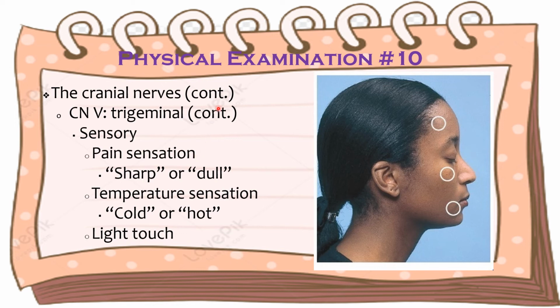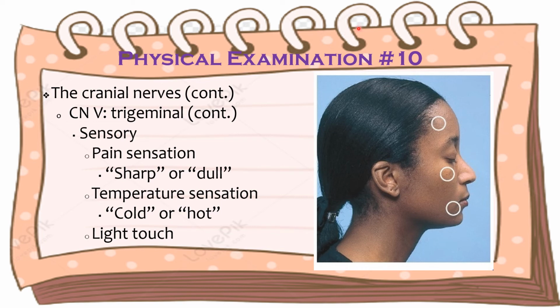Your trigeminal nerve also has a sensory function that is tested on the forehead, the cheeks, and the chin, each side, for pain sensation. You have to instruct the client to close the eyes during the actual test. However, prior to the examination, demonstrate what sharp and dull each feels like, so the patient already knows.